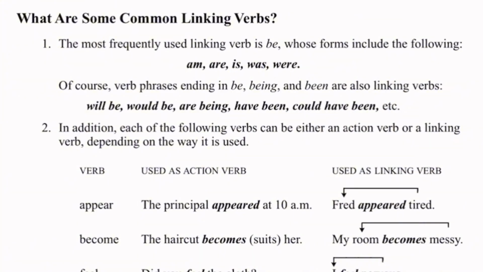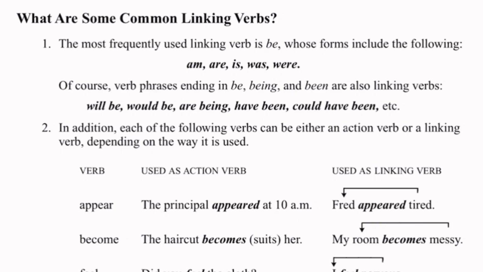Now, in addition, you have to take note that it is possible for a verb to be used as a linking verb or as an action verb, depending on the context. That is why, if you study the English language to a point, you will realize that you actually do not know the meaning of a word in isolation.